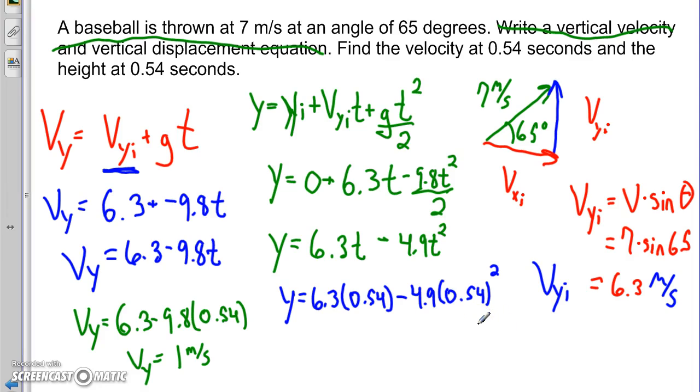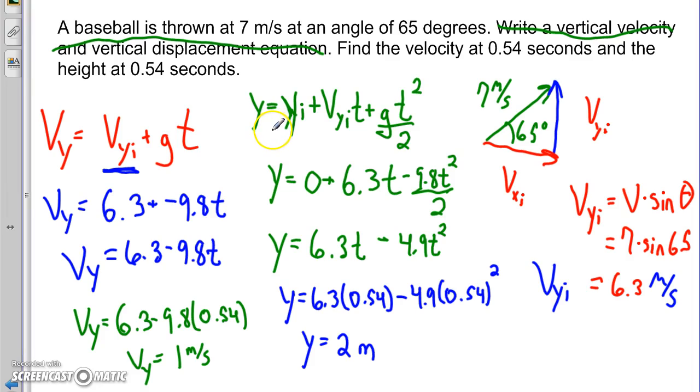Again, just put in the calculator, 6.3 times 0.54 minus 4.9 times 0.54 squared. And I get 1.97, I'll call it 2. Alright, so you see that was fairly simple. Again, writing the equations is the critical part.